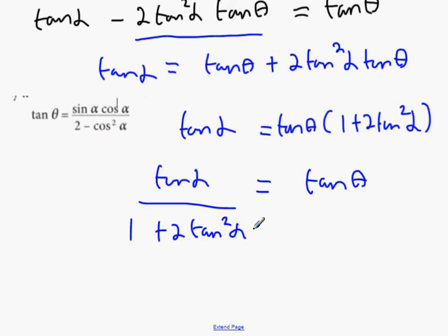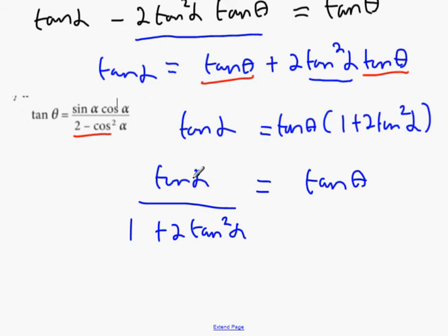I only took out tan theta, this one and this one, so this is still there, okay? Now, looking at this, it looks nothing like what I have over here for the time being. So, everywhere I have tan, I'm going to have to turn it into sine alpha, cos alpha, and see what I can make out of it.